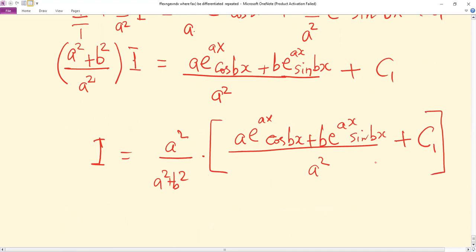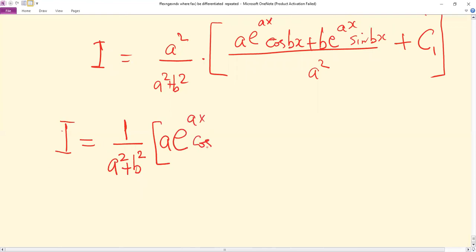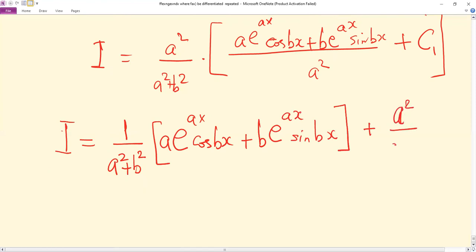Now you see, I equals, a squared and a squared cancel out, so we have 1 over a squared plus b squared into a e raised power ax cosine of bx plus b e raised power ax sine of bx, and then plus 1 plus a squared over a squared plus b squared, then times C1.